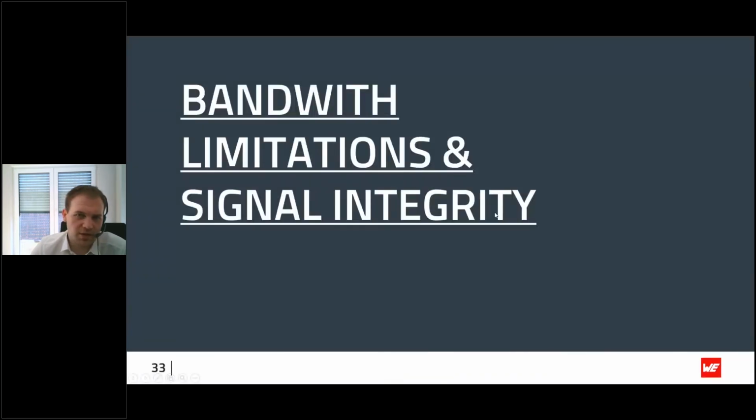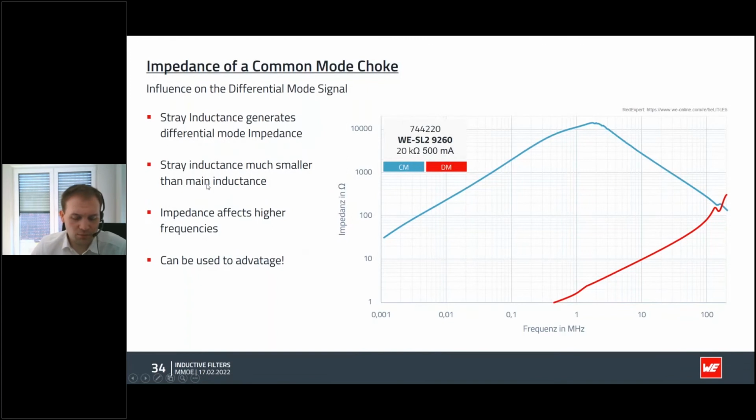Of course, this is only the case for ideal systems, and we don't have an ideal system here. Real common mode chokes will have at least a little bit of influence on the useful signal. The stray inductance will have a differential mode impedance, and the stray inductance, however, is much smaller than the common mode inductance.